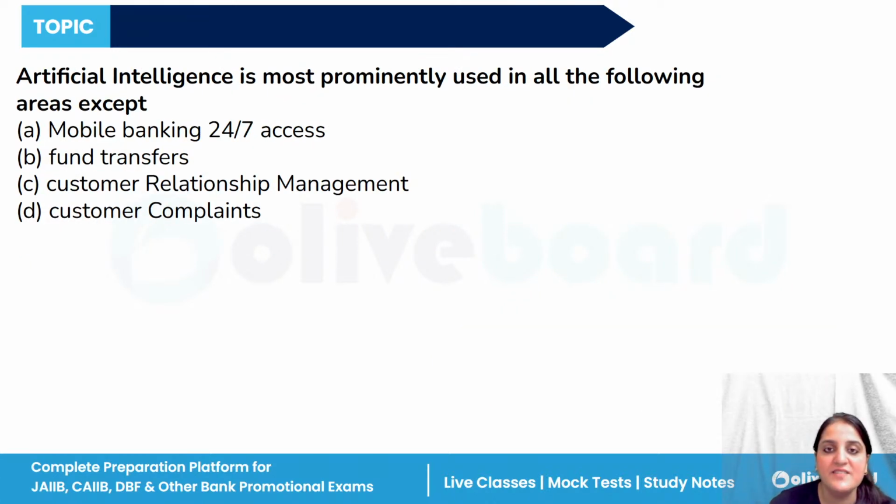Artificial intelligence is most prominently used in all of the following areas except.